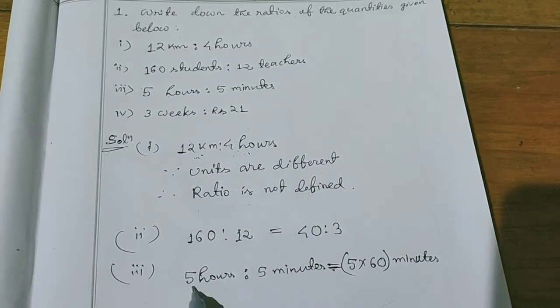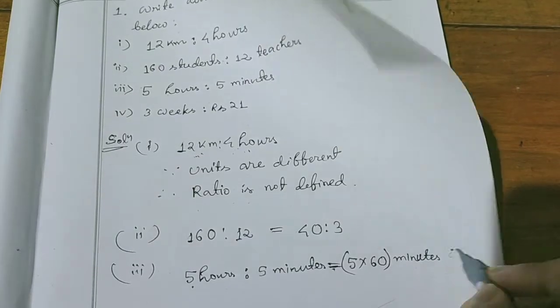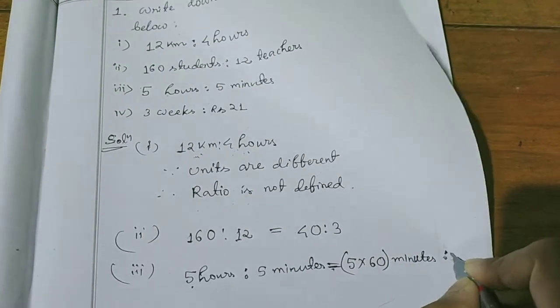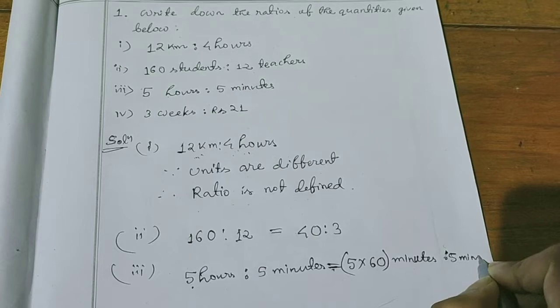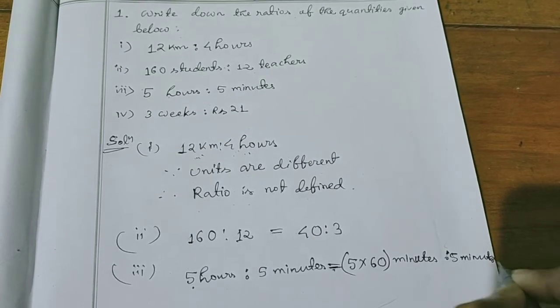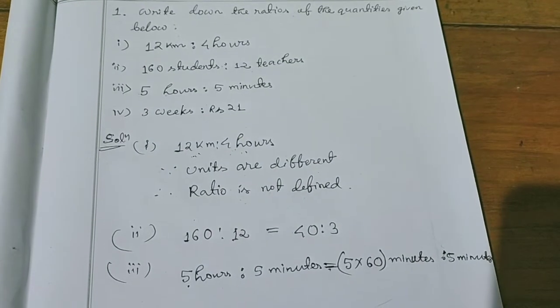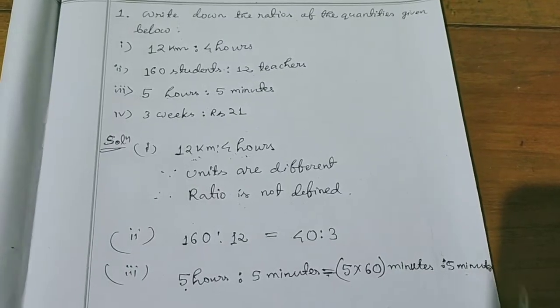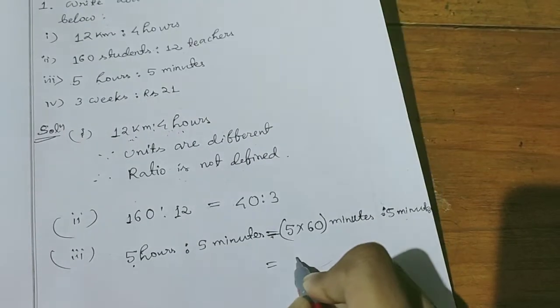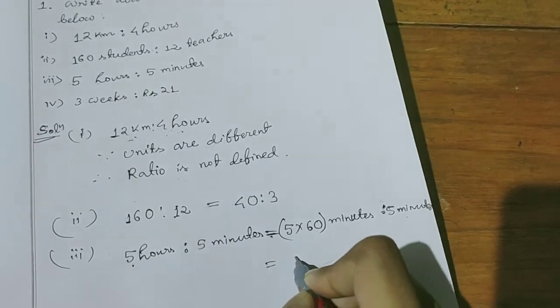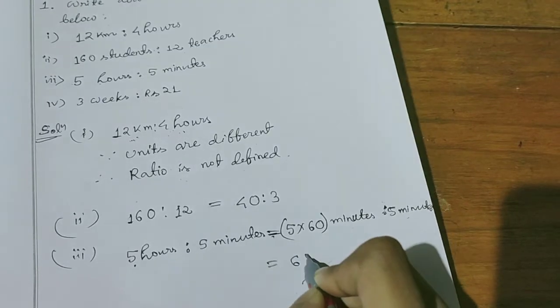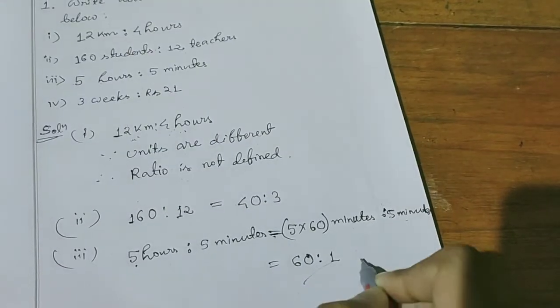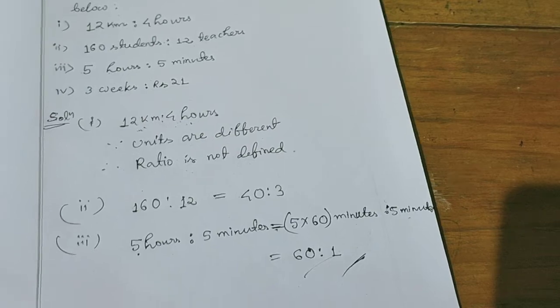We convert the hour into minutes. Then 5 minutes. Now the units are same. Here also minute, here also minute. So we can calculate the ratio now. The ratio will be 60 to 1.